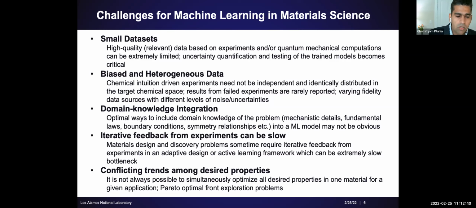So one cannot really talk in terms of one single best material, but you always end up with a set of materials that provide the best trade-off across all properties, and the problem becomes how to push the Pareto optimal front, or how to get the best materials in a Pareto optimal set.